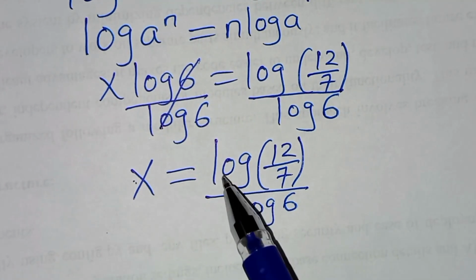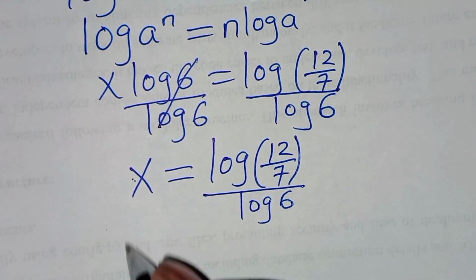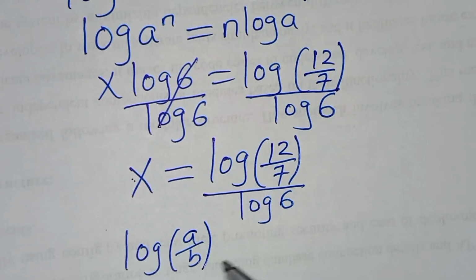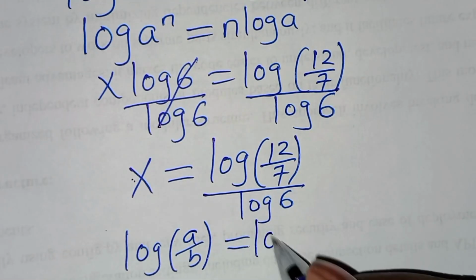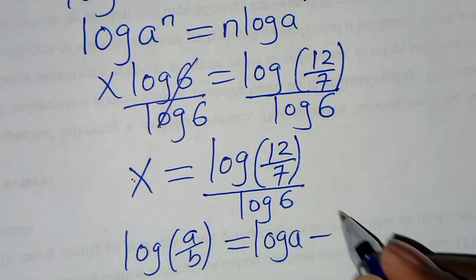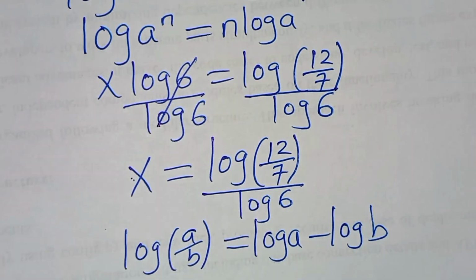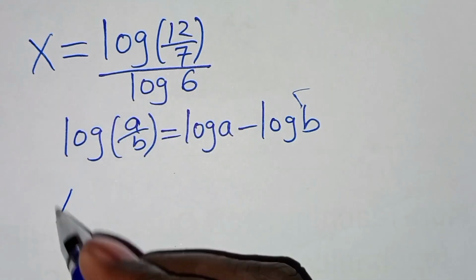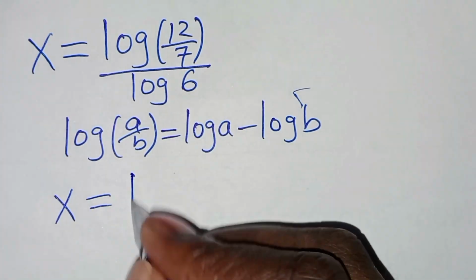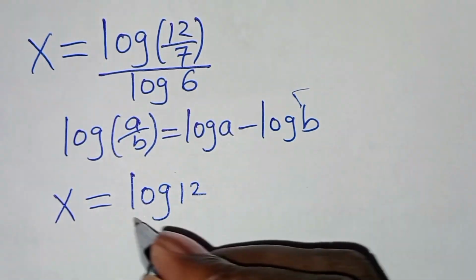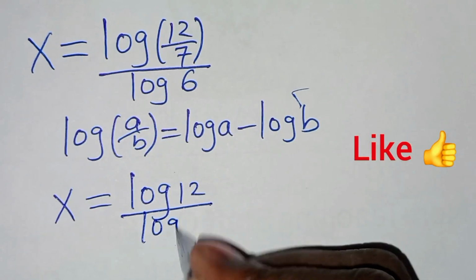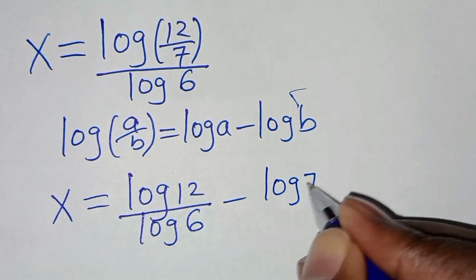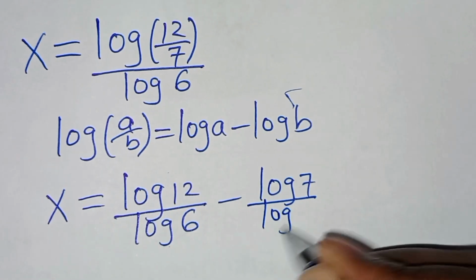The next step is that log 12 over 7, this is in the form of log a over b, which we can express as log a subtract log b. By applying this property, then here we have x equal to log 12 divided by log 6 subtract log 7 divided by log 6.